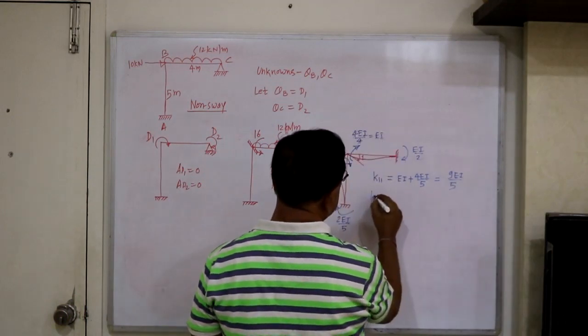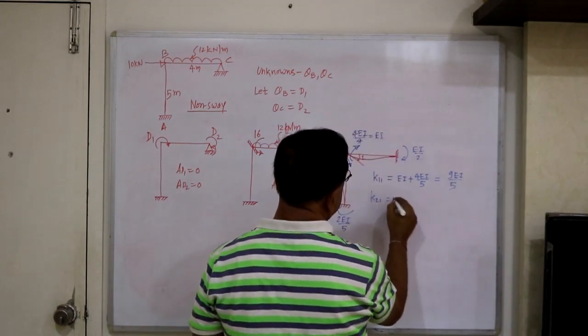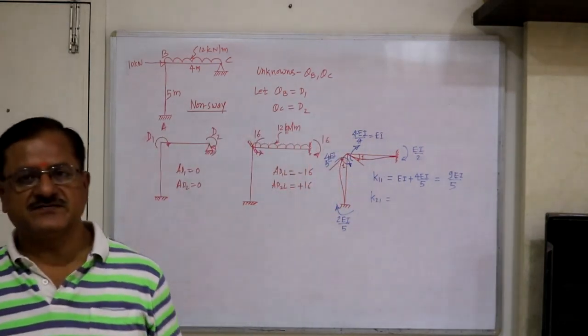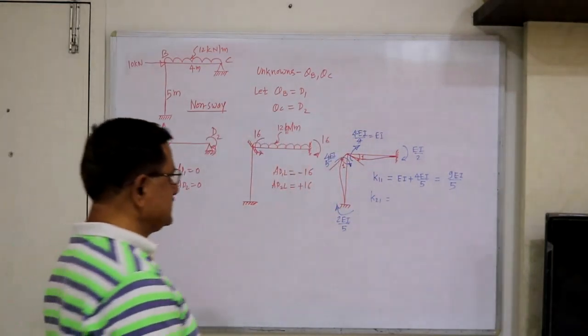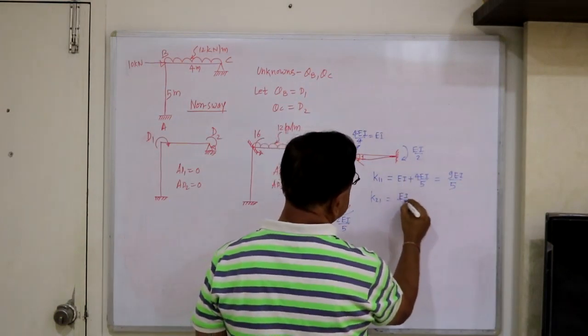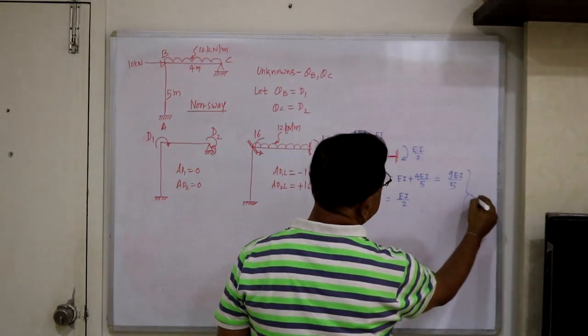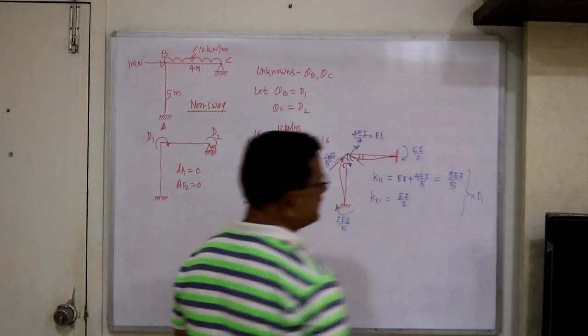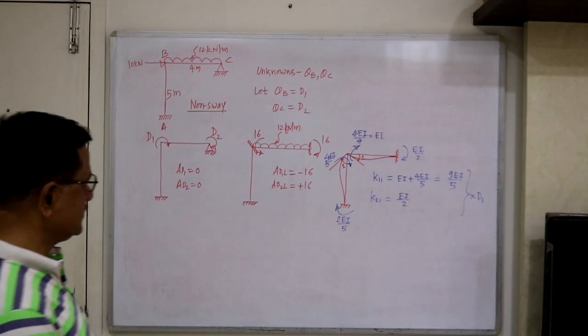Then K21, this actually gives us the first column of the element stiffness matrix, this EI by 2, that's all, and clockwise. So these are to be multiplied by D1 while writing down final equilibrium equations.